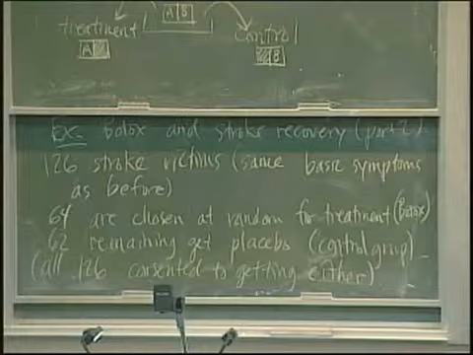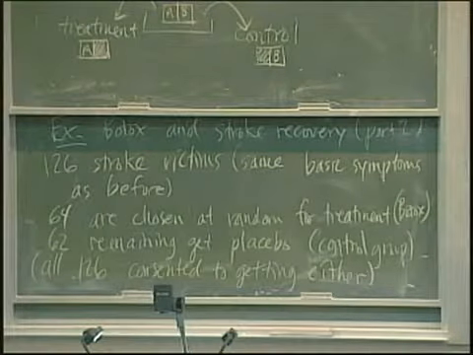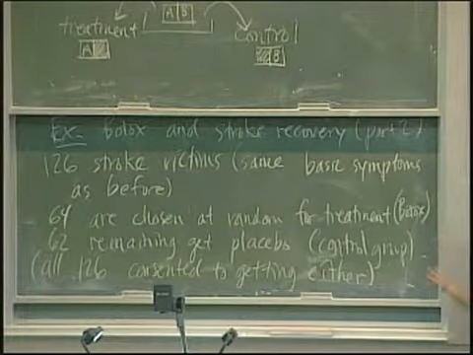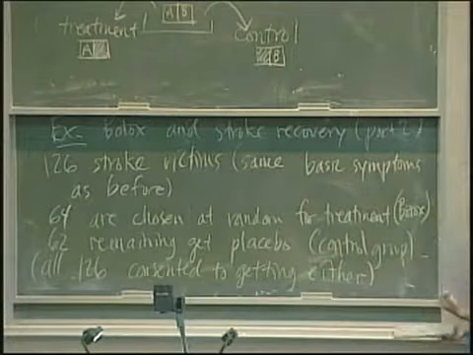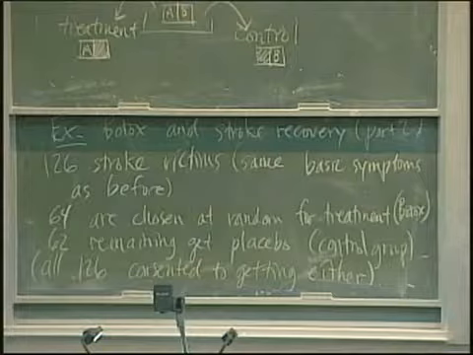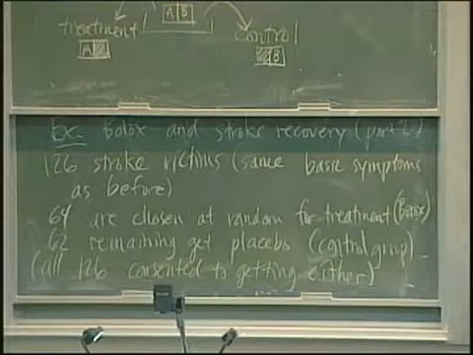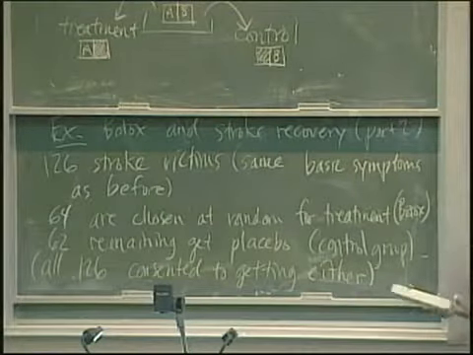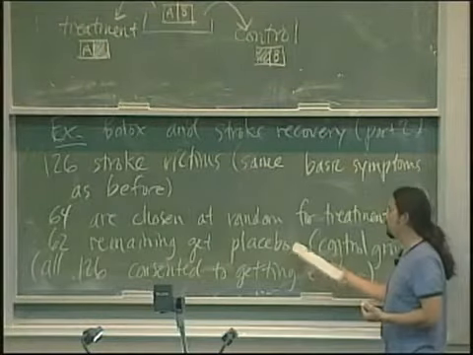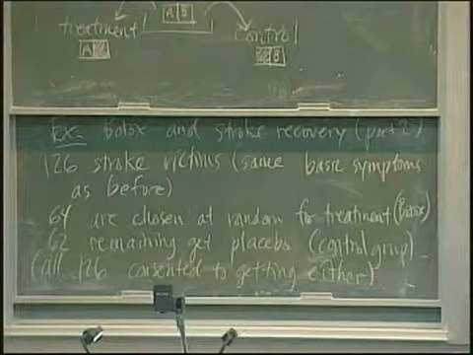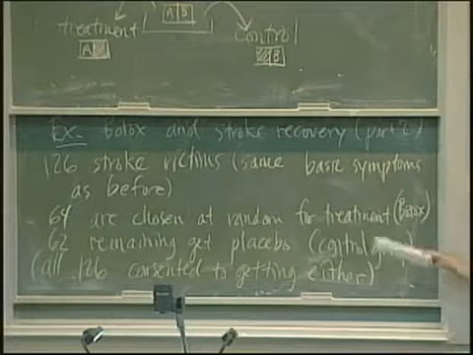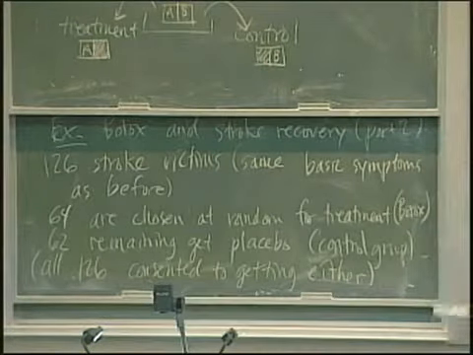So again, you have to tell them what might happen to them, but you don't have to tell them which group they're in. And so these two groups are similar in the sense that hopefully the placebo has done its job of ensuring that people don't know what they're getting. They don't know if they've gotten Botox or not. Okay, so any questions about this part, the design selection process part?